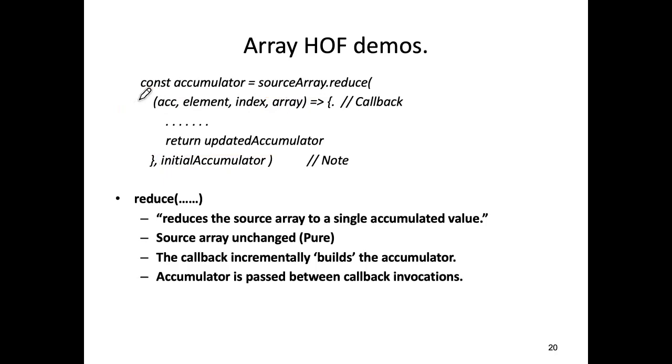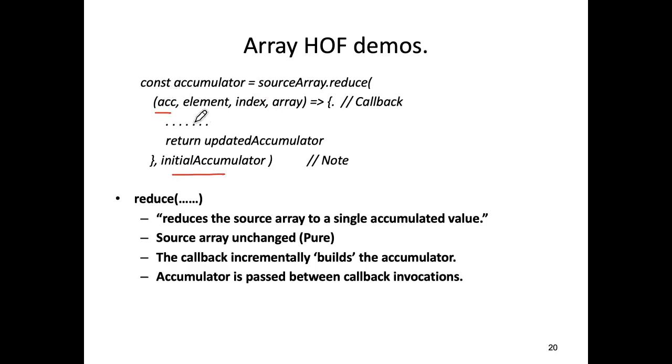To put it another way, the first time the reduce method calls my callback, this parameter here is going to be equal to this, because it's the first time, and this is the initial value for the accumulator. So that's going to be the value of this first parameter.